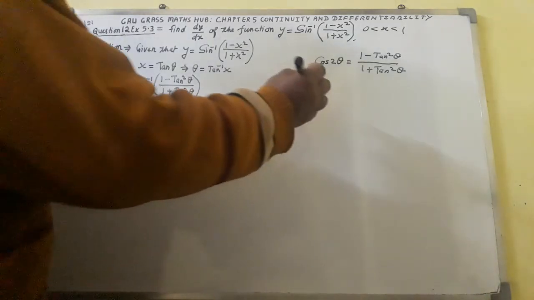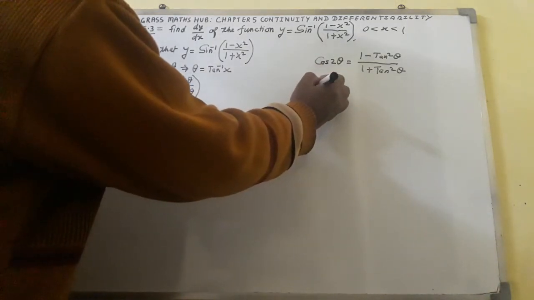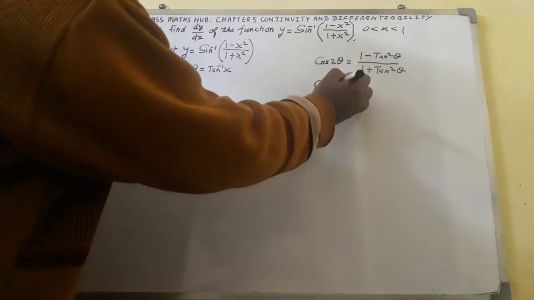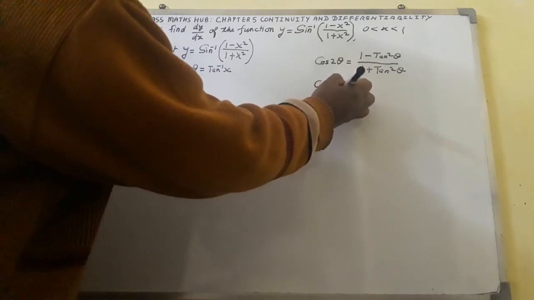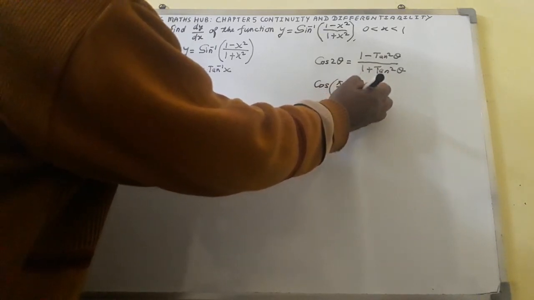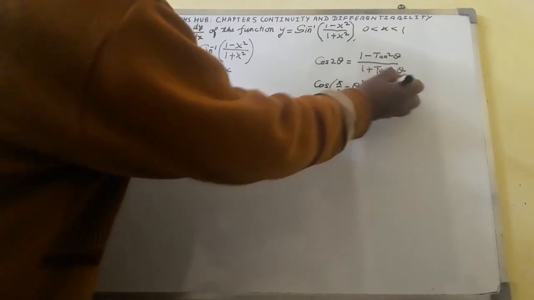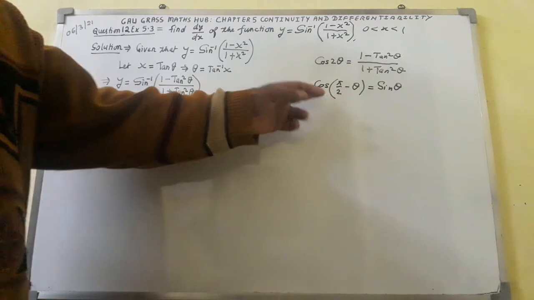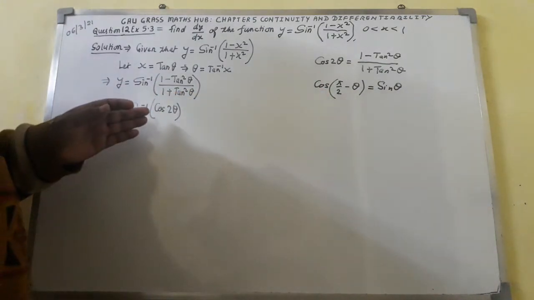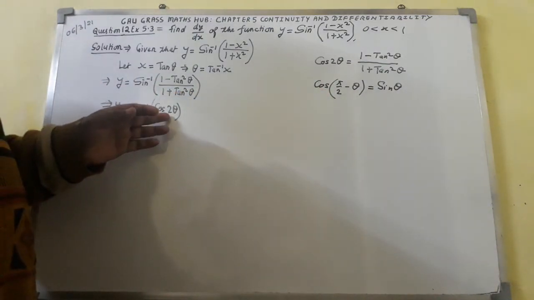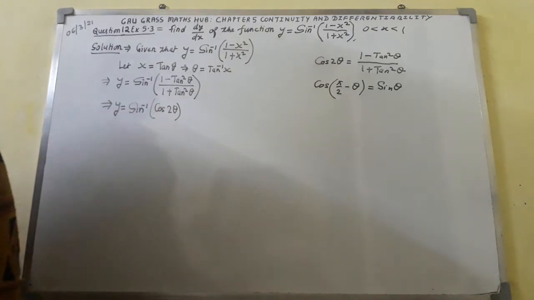Another formula I shall write here: cos of (pi by 2 minus theta) is equal to sine theta. On the basis of this formula, I shall convert cos 2 theta in terms of sine.